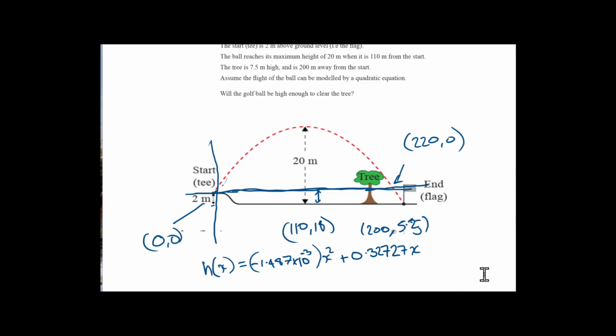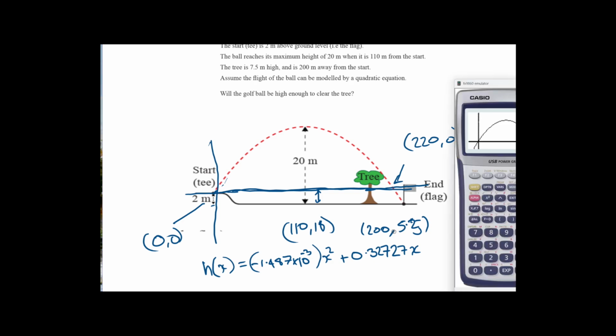If it's less than 5.5, it's going to hit the tree. Okay? So, let's put it in our calculator. y, calculate, x is 200. 5.974.